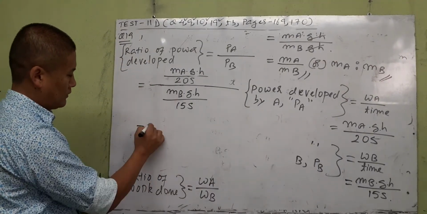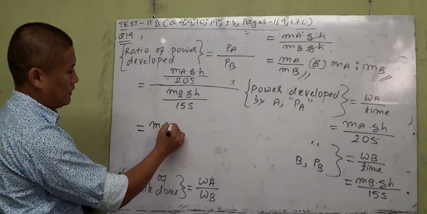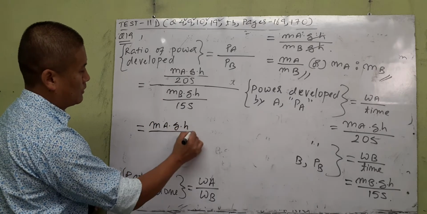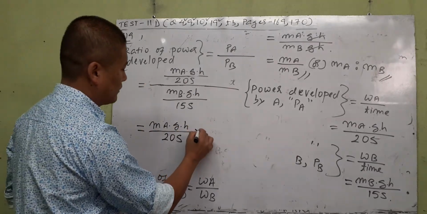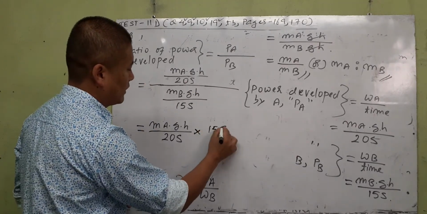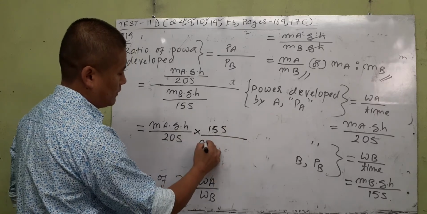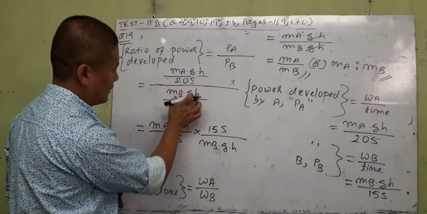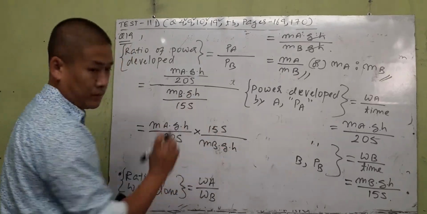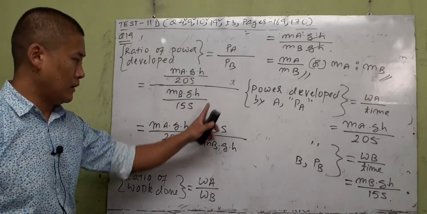So this part here we can write MAGH by 20 seconds, and the division sign changes to multiplication sign, then down 15 seconds will go up, and MB, this G numerator and H will come down, and the denominator will go up when you change this division sign into multiplication sign.